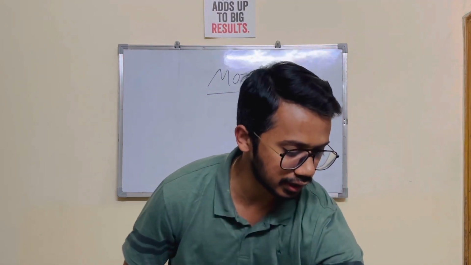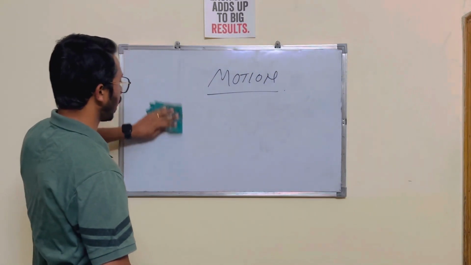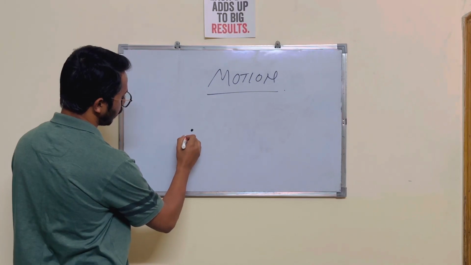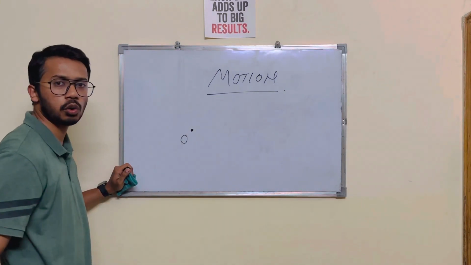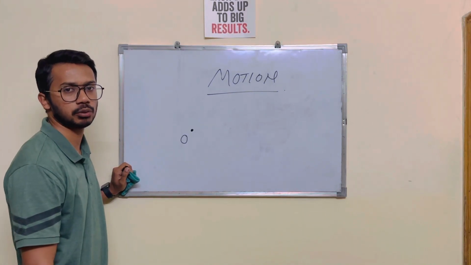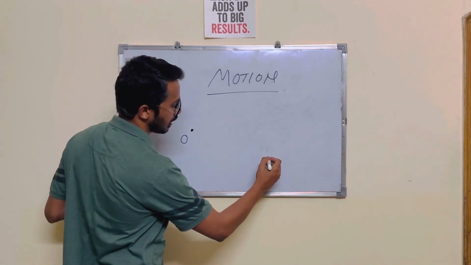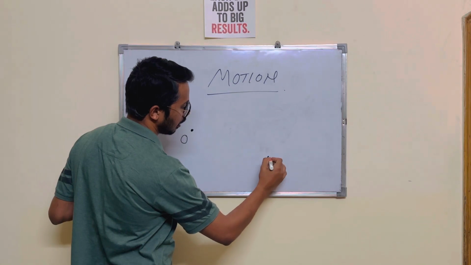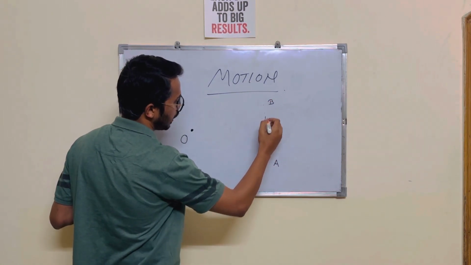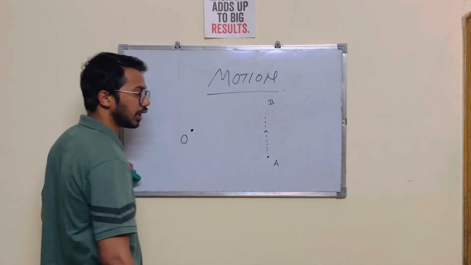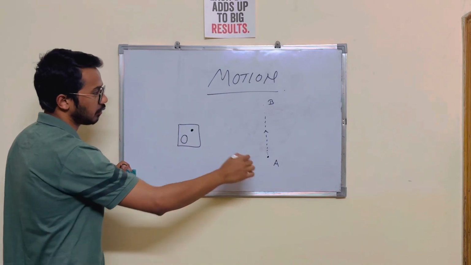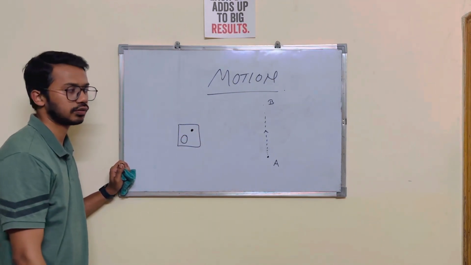Let's have a little pictorial representation for a better understanding. Let's say this is your point O. Point O is your reference point in whose respect we want to define motion. Let's say there's a person standing at point A and he is traveling towards point B. So O is a fixed point in whose respect we want to define the motion of this person.